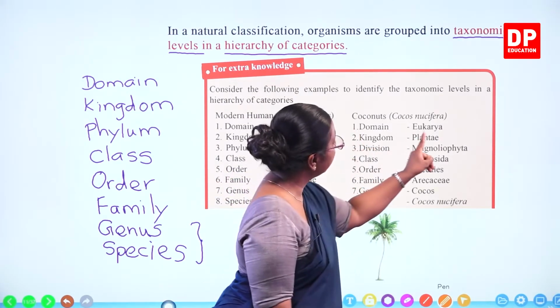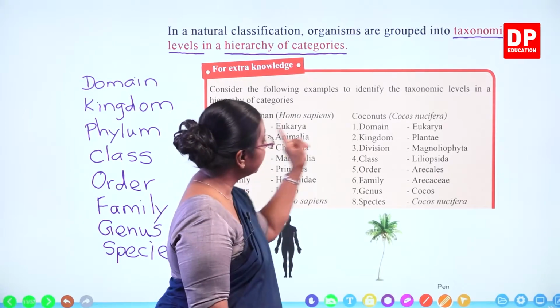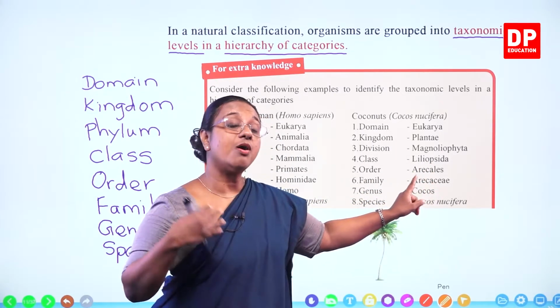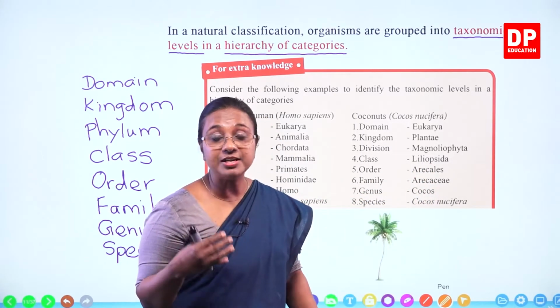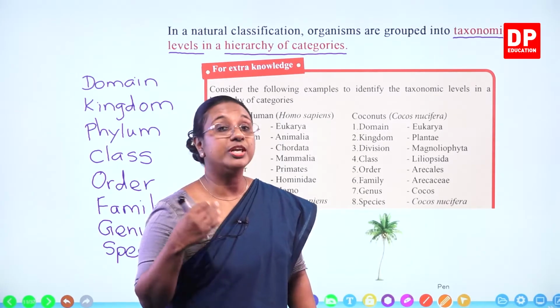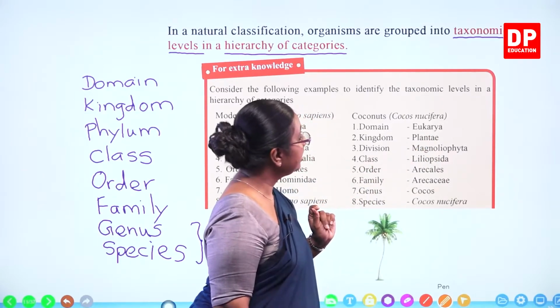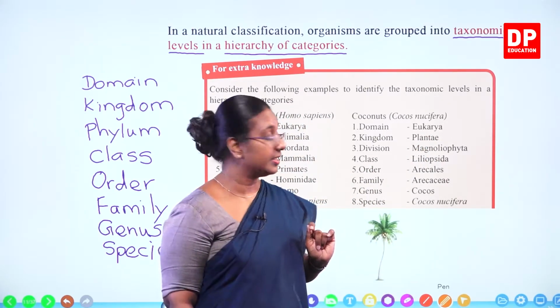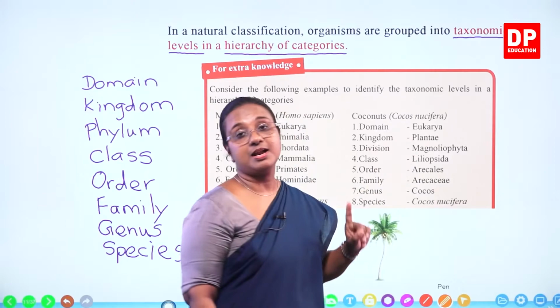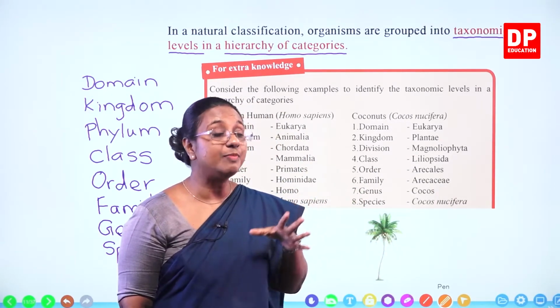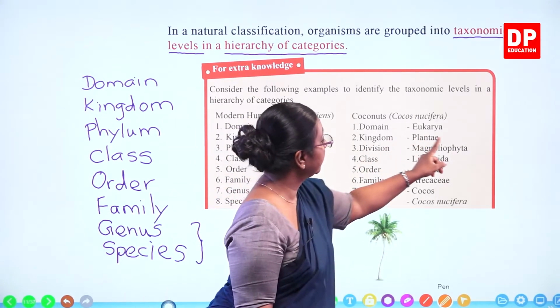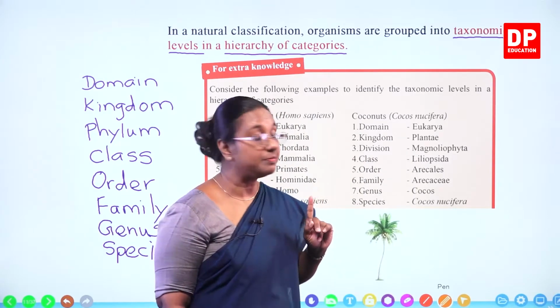So again, domain Eukarya. Both animals and plants, I told you all, are made up of cells that have an organized nucleus, so eukaryotic cells. That's why we come under domain Eukarya. Same goes for the coconut tree. Then kingdom Plantae. You know the characteristics of plants. All the plants belong to kingdom Plantae.